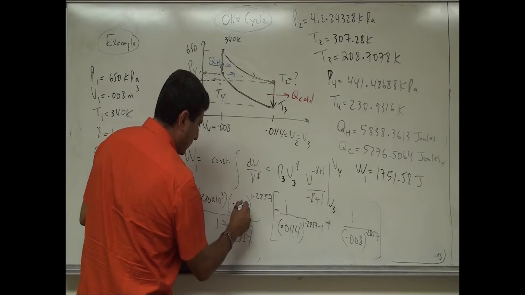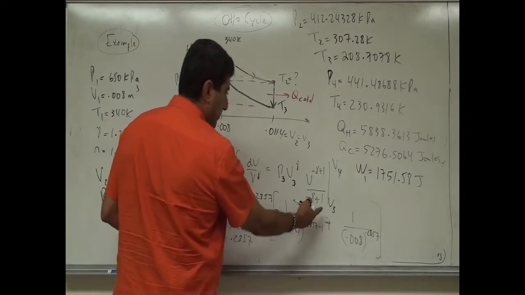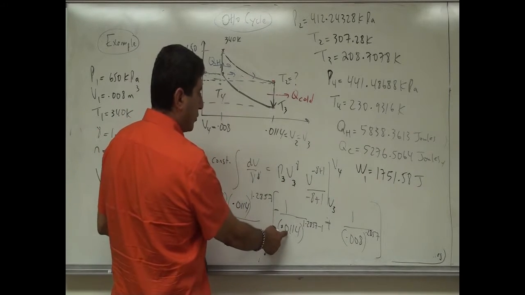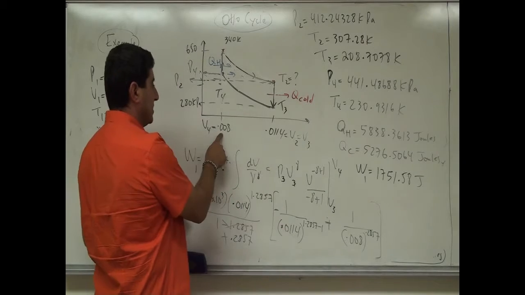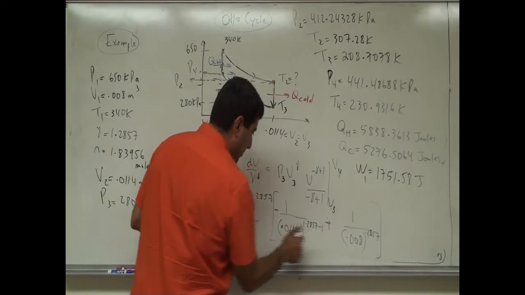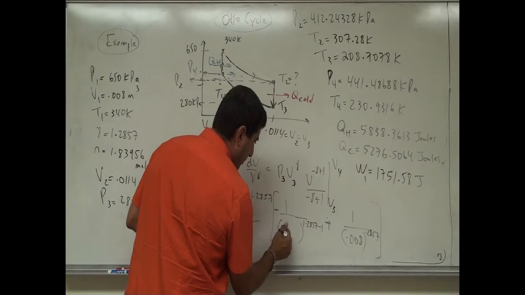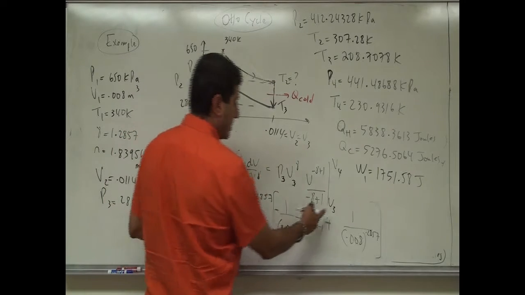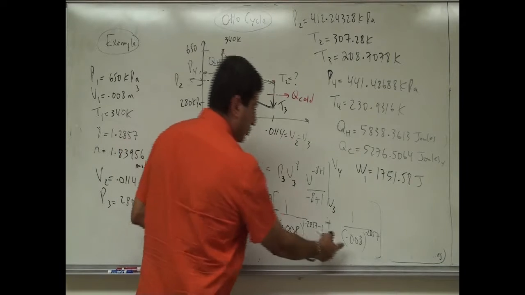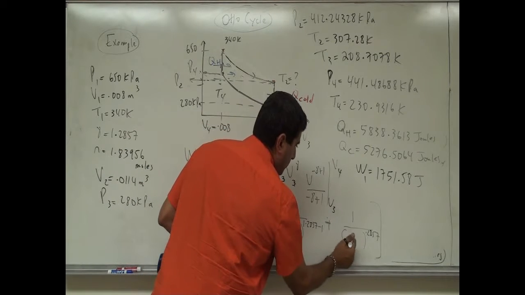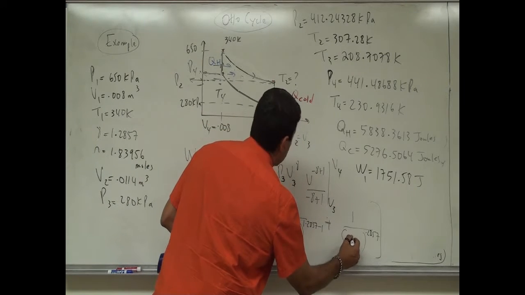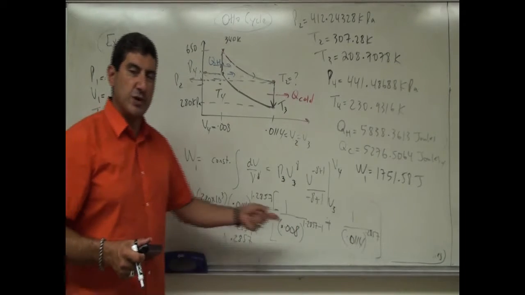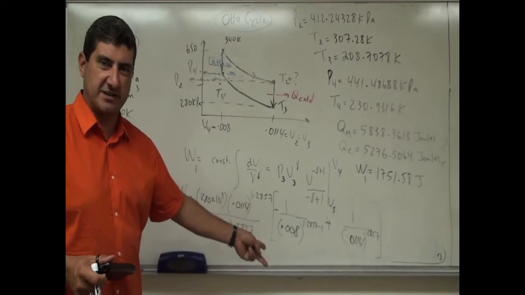And then V3 to V4: over here is going to be V4, which is 0.008, and over here V3, which is the same as V2, so basically this thing, 0.0114. So notice on this one, it's a little bit easier than the Carnot cycle.